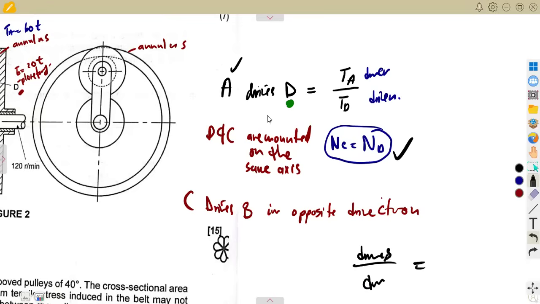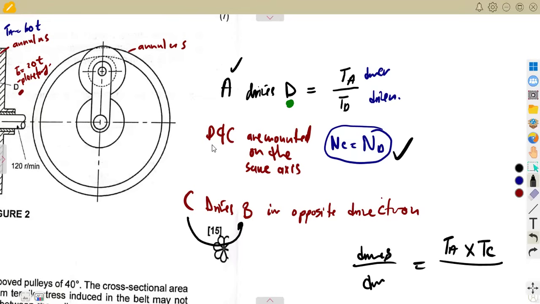So the driver, we have A, so it is going to be TA. Then the other driver that we're going to consider is C. C drives what? C drives B, so it's going to be times TC, the product of the driver over the driven.